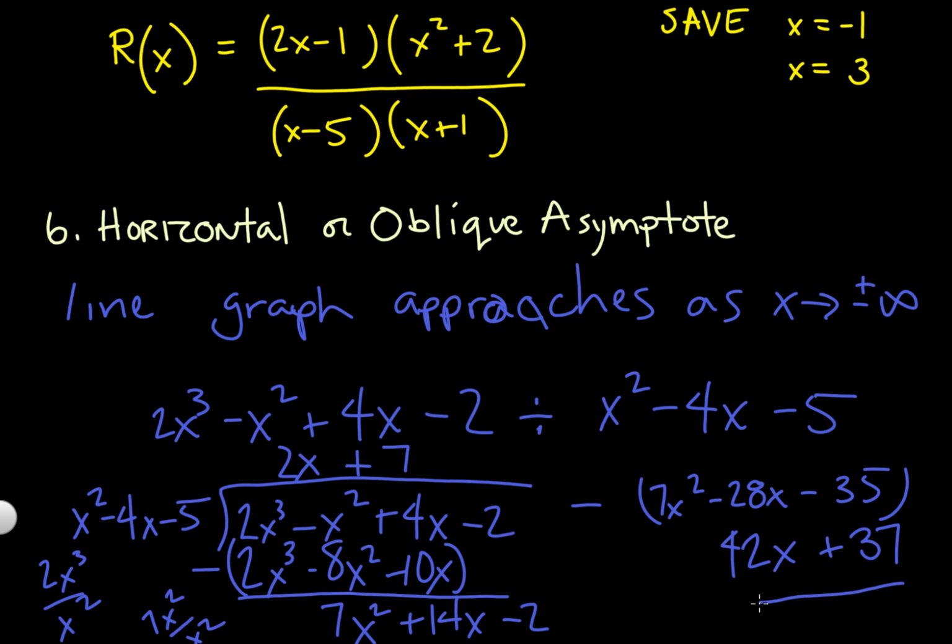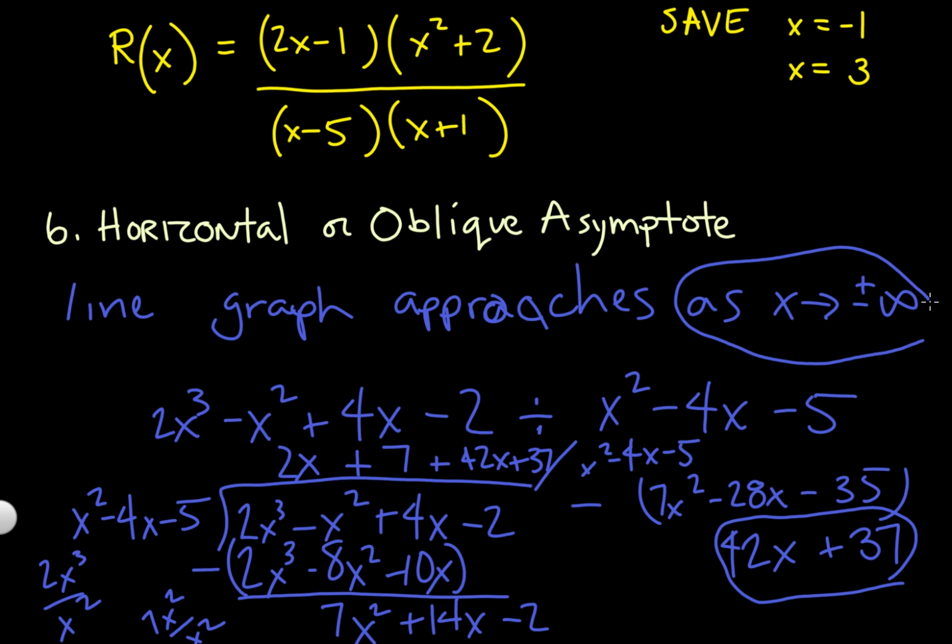Now this is the remainder. We can't divide x squared into it. So we end up with plus 42x plus 37 over x squared minus 4x minus 5. Now remember my definition of a horizontal asymptote. This is what happens as x approaches positive infinity.